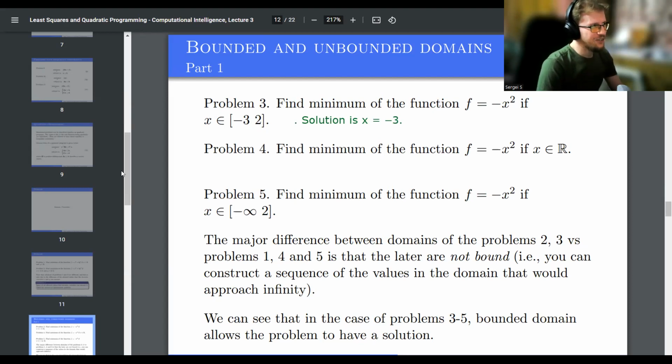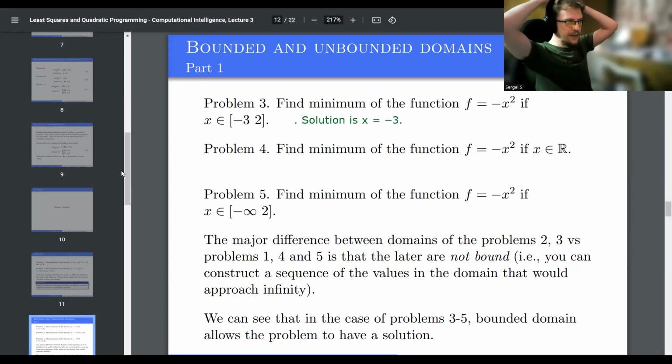Now, can you please solve problem number 4? Minimum of the function minus x squared. X is allowed to be any real number. Maybe minus infinity? Minus infinity, you say. Okay. What about plus infinity? Yeah, it's also the same.